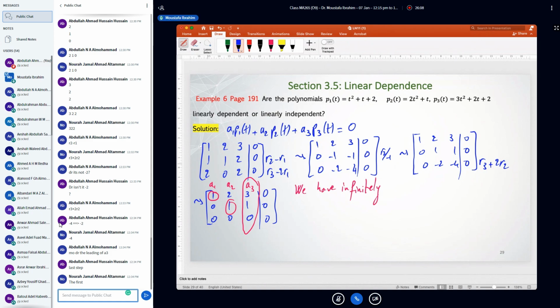So R2 minus R1, minus 1. Here it's minus 4.